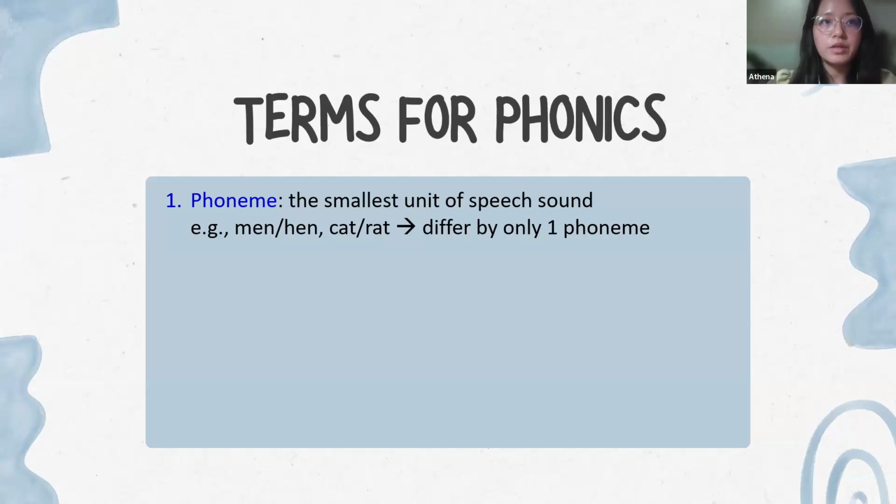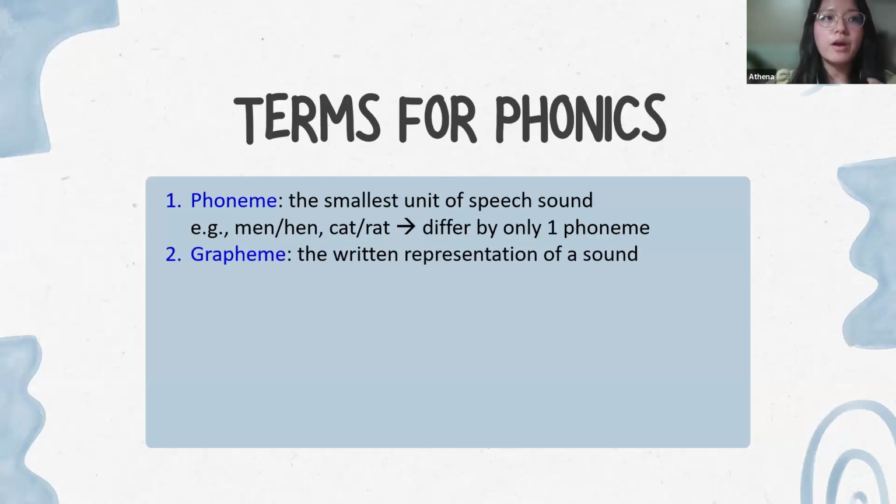Linguistically, we use the term minimal pair: one sound that can change the meaning of the word, like cat and rat. We only have a single different phoneme, but that makes the two words different. So that's the reason why it's important. You have to decode the sound.